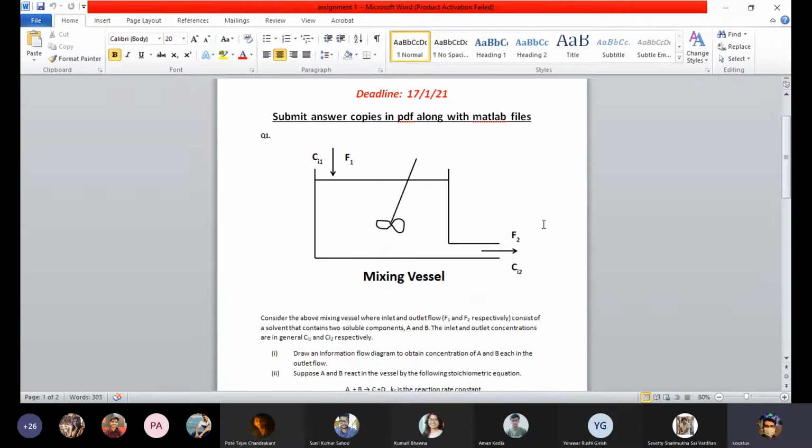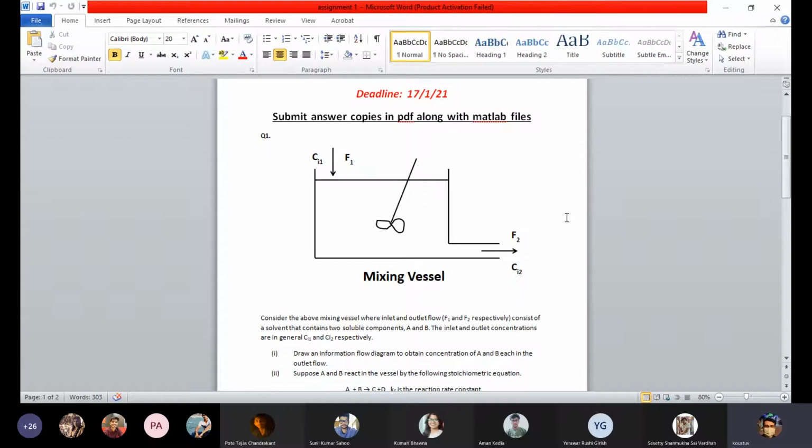Okay, basically 1 and 2 are the entry and exit points. 1 refers to entry points and 2 refers to exit points. Inlet and outlet concentrations are in general CI1 and CI2. There could be as many components as we like, but here it is only 2.